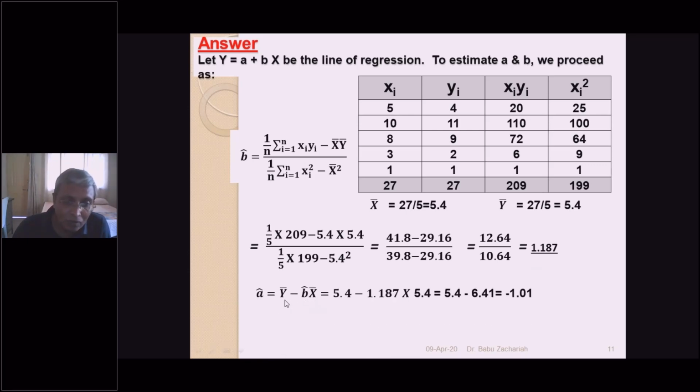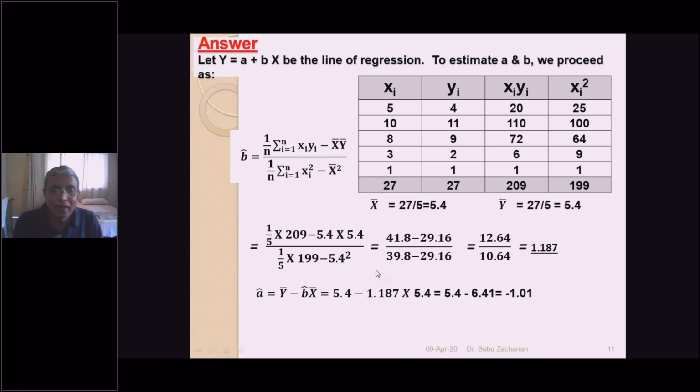The formula given was y bar minus b hat times x bar. So that is 5.4 is y bar, 5.4 is x bar, and this 1.187 is b hat. So they are substituted, and finally I get the answer. A is minus 1.01.